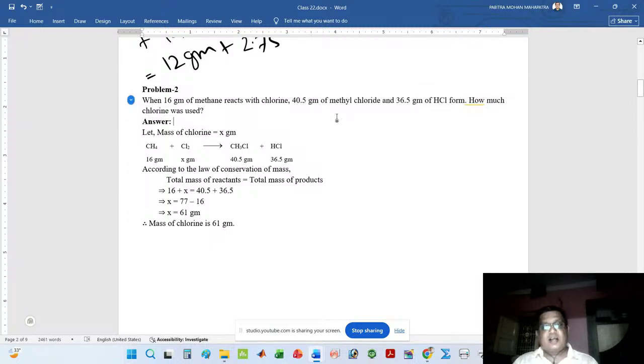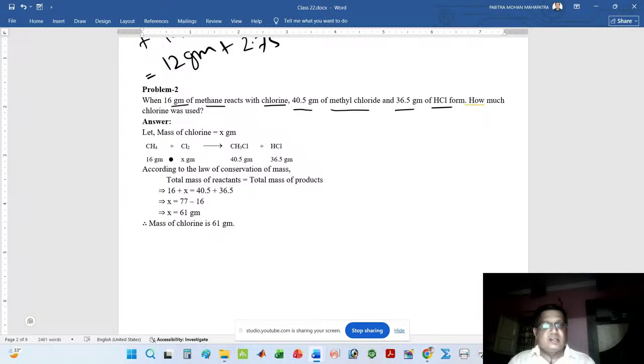The first product is methyl chloride, the amount is 40.5 gram, and the second product is HCl, the amount is 36.5 gram. The amount of methane is 16 gram, and the amount of chlorine is not given. Our target is to find out the amount of chlorine.